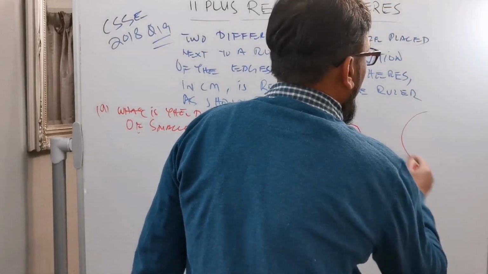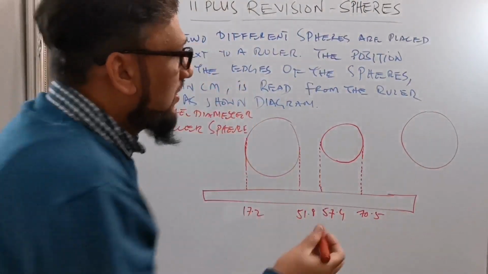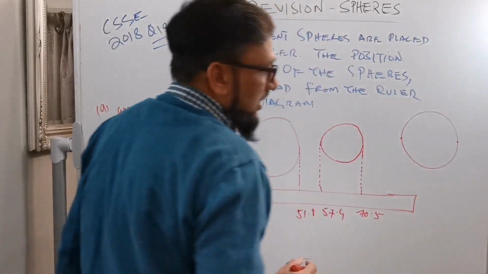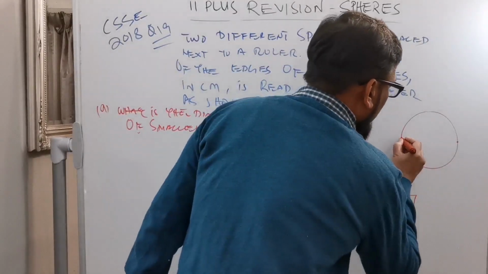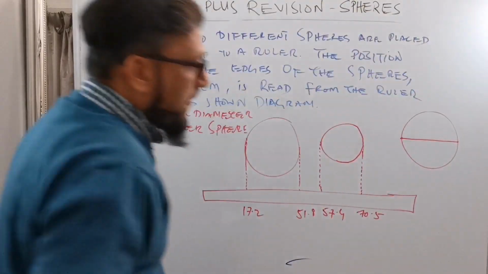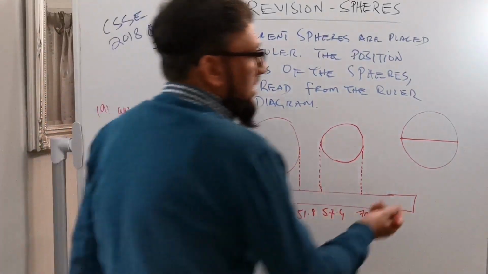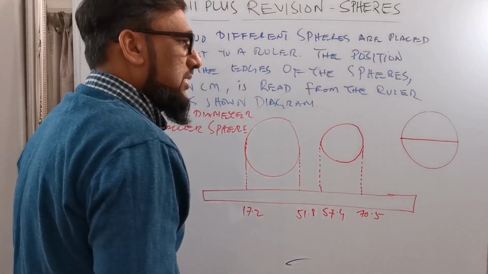The diameter is the total distance from one point to the other.